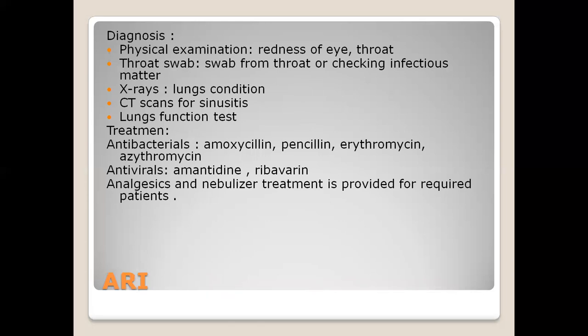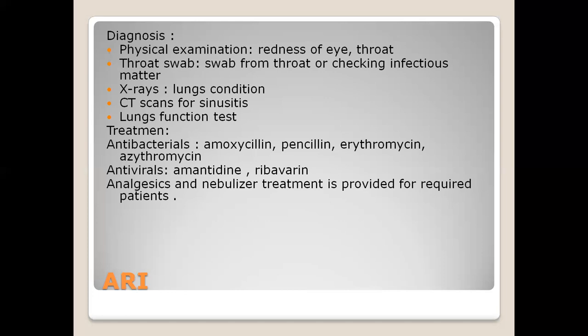Diagnosis is mainly done by physical examination. If the patient is having redness of the eye and throat infection, then he may confirm ARI, and a throat swab is taken. A cotton swab from the throat is collected for checking the infectious matter, and X-ray is performed for knowing the condition of the lungs, and CT scan is performed for knowing the sinusitis, and a lung function test is performed for knowing the functioning of the lungs.